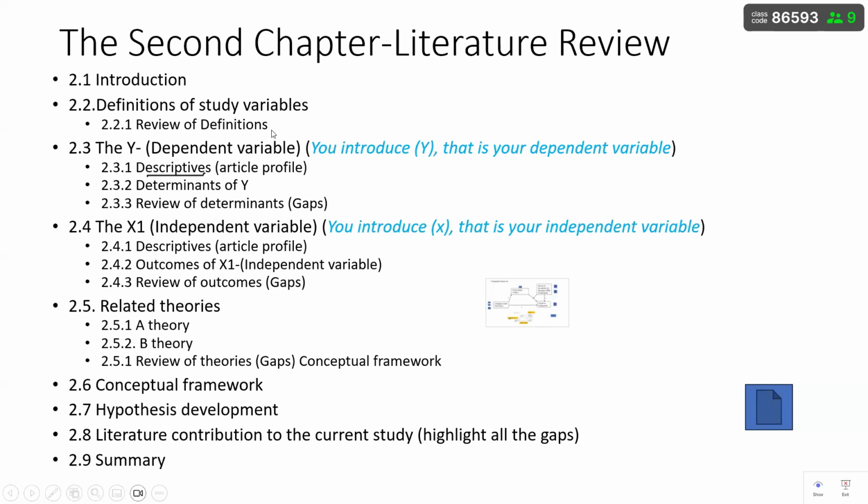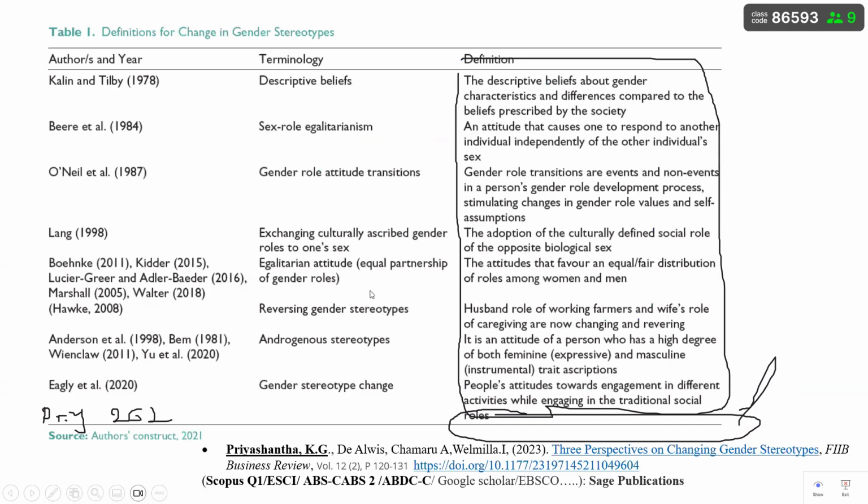Review definitions. Rather than just providing a summary of definitions or a list of definitions, you need to review them. How can you review? This is an example, the definition of gender stereotype change.